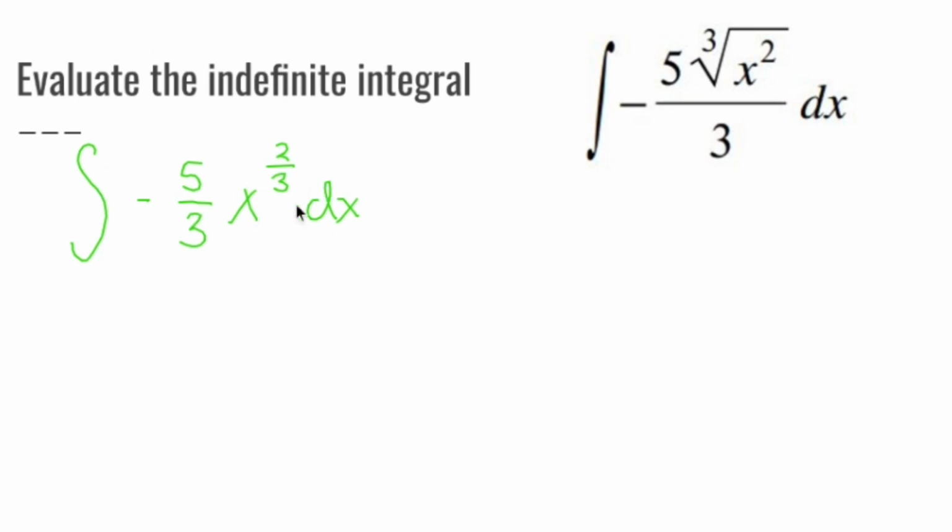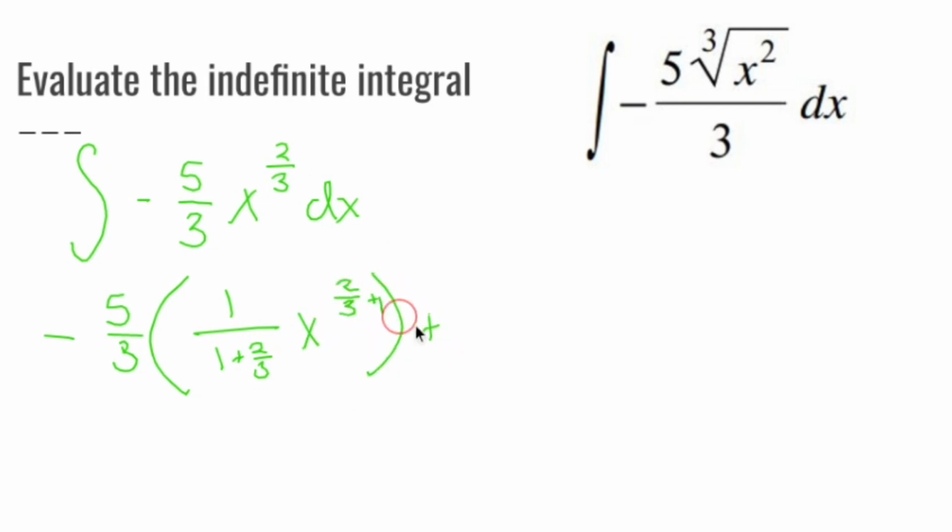Now what I'm going to do is I'm going to use the power rule on this guy. It's not going to be pretty. Let's bring out the negative 5/3. I have 1 over. Now I'm going to add 1 plus 2/3, x to the 2/3 plus 1, plus c.